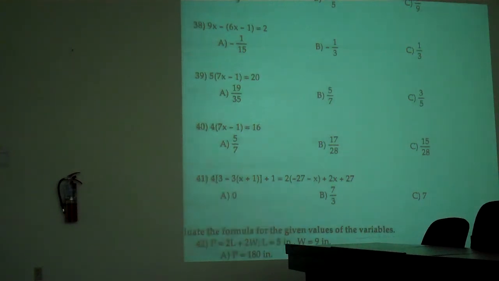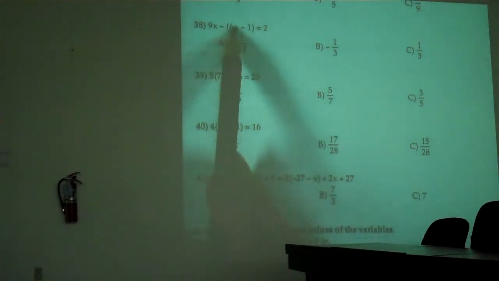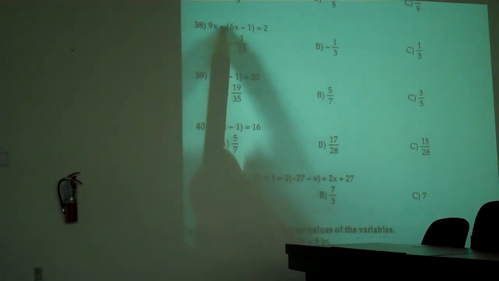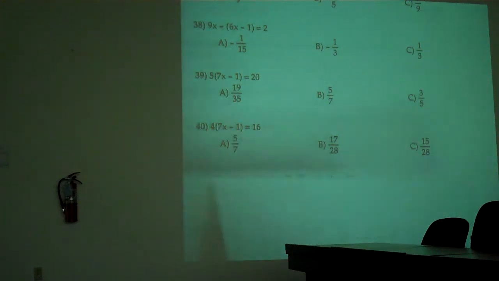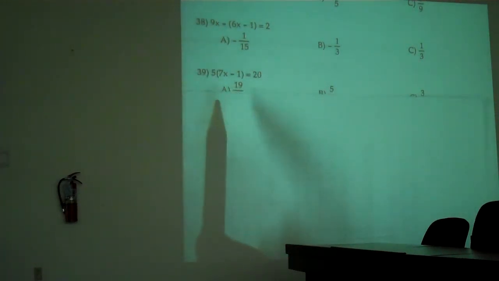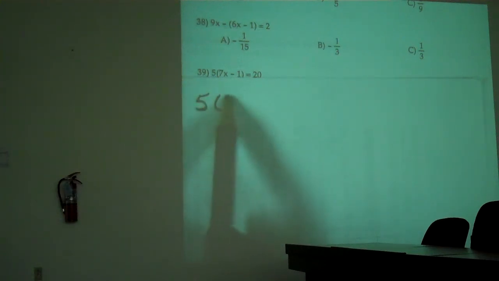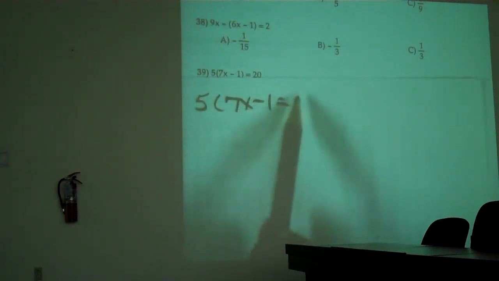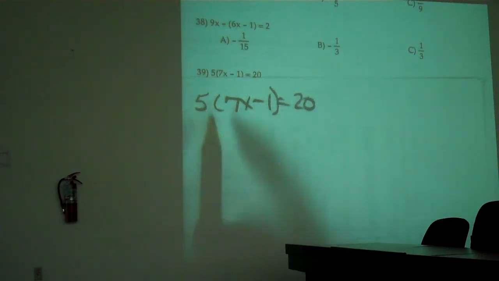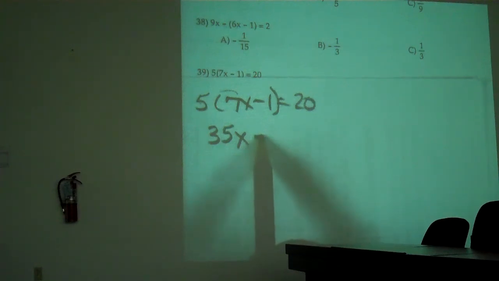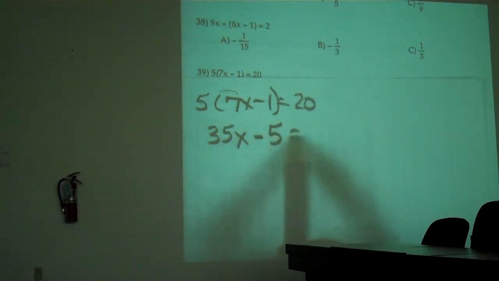Okay, so you're going to have the same thing here, minus 6x and then plus 1. Make sure you have it minus 6x and then a plus 1 there. The number on the outside here, you're just going to multiply it through. 5 times (7x minus 1) equals 20 would be 35x minus what? 5.